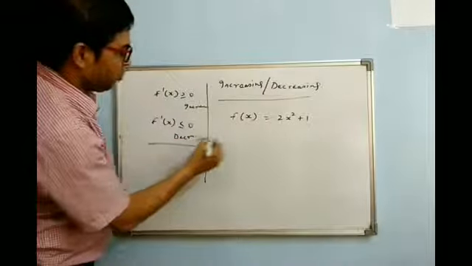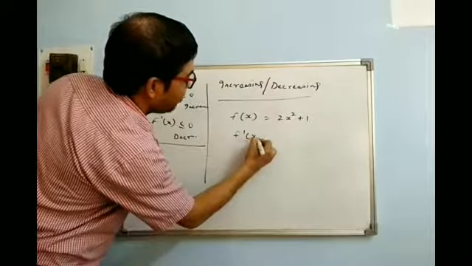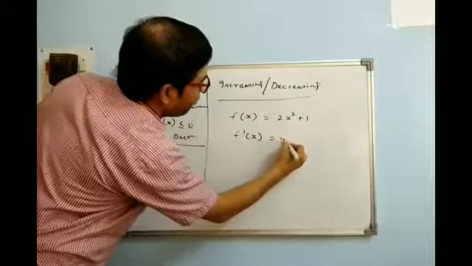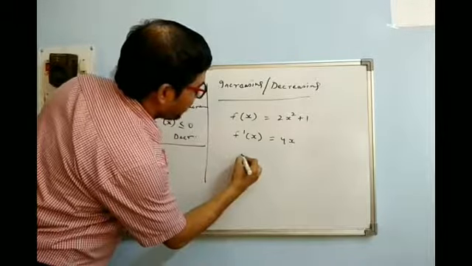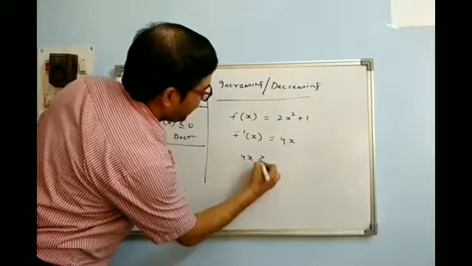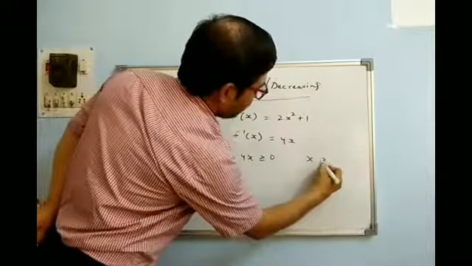For this particular function, I will find f dash x, which is coming out to be 4x. So 4x will be greater than or equal to 0 when x is positive.